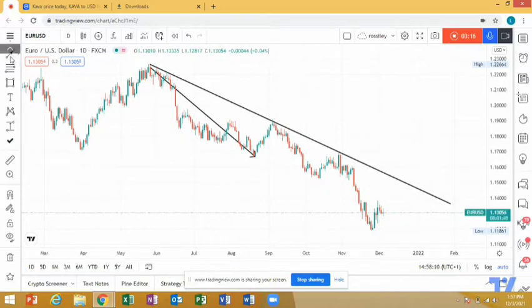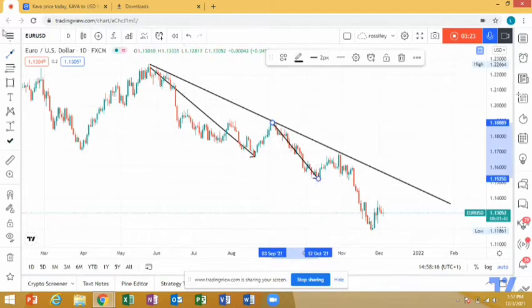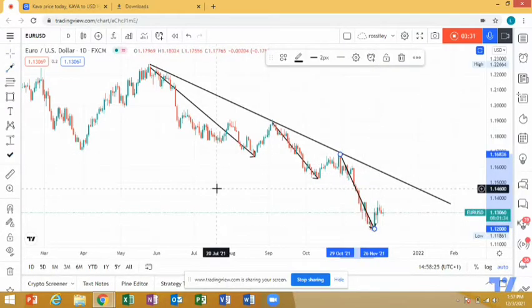This is another impulsive move. Again, this is another impulsive move. These are strong moves in the direction of the trend.